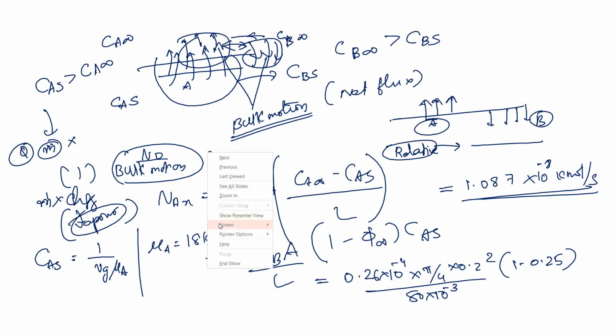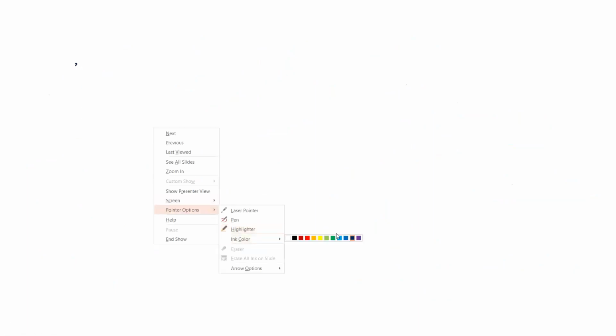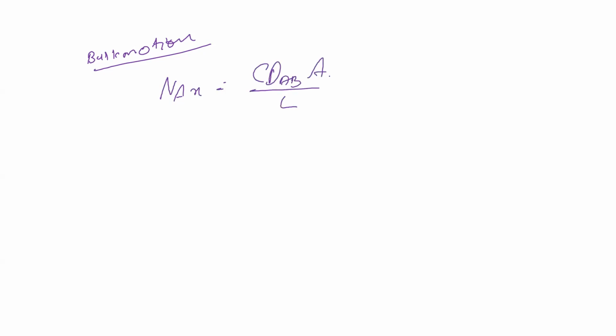Now let us consider bulk motion. When bulk motion is considered, we will use the previous expression, NAX equal to C DAB into A by L into ln of 1 minus XAL by 1 minus XAO.